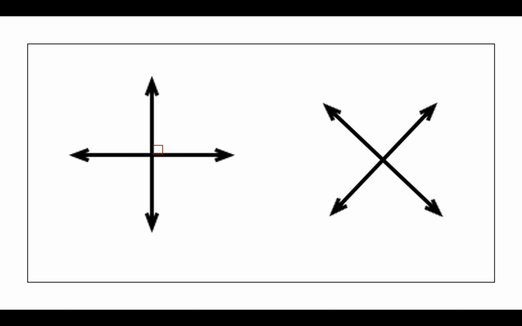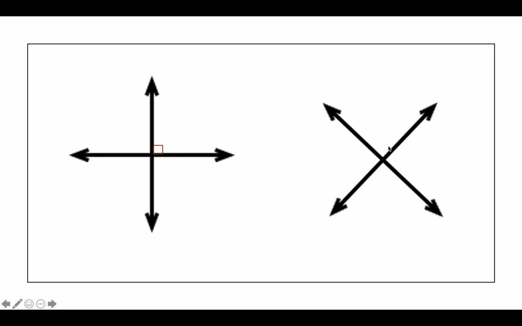As you can see here, it forms a certain angle, which is 90 degrees. So you will form a right angle when crossing the two perpendicular lines.